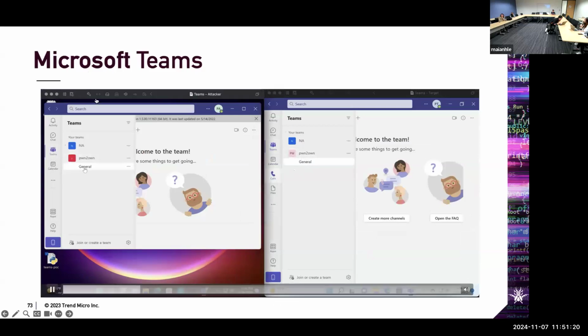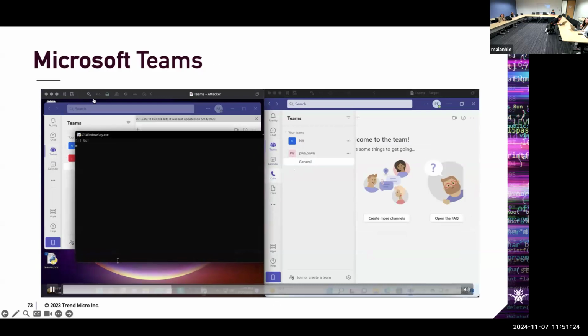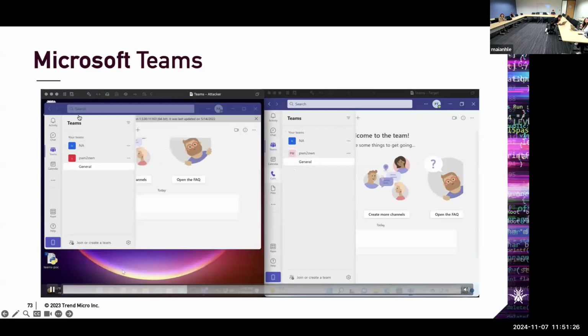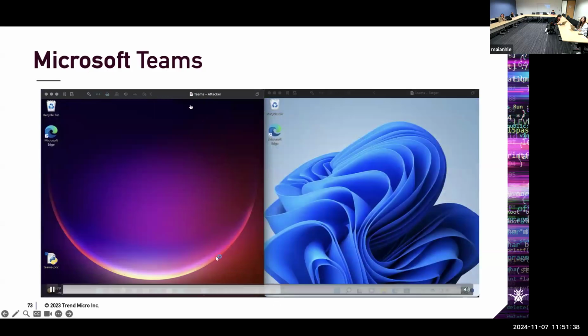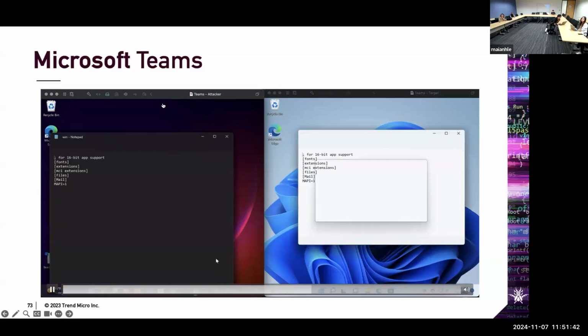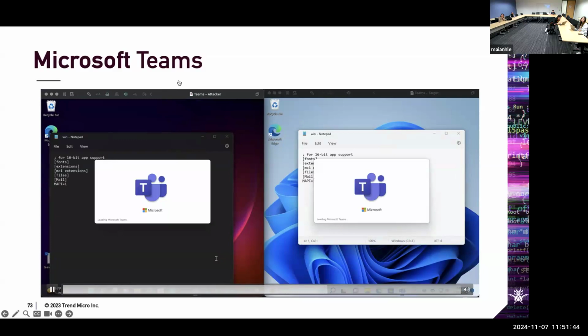On the left we've got the attacker, and on the right we have the victim. These are two different computers. The attacker is trying to initiate a call and call the victim on Teams. Probably we'll see a call. And then you can see Teams being closed, and it's executing Notepad.